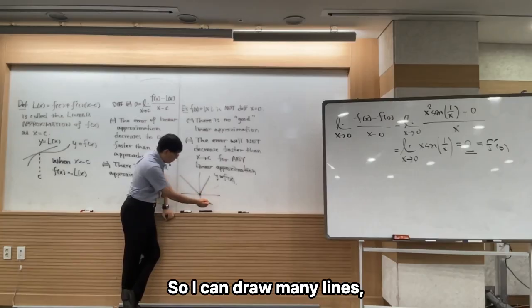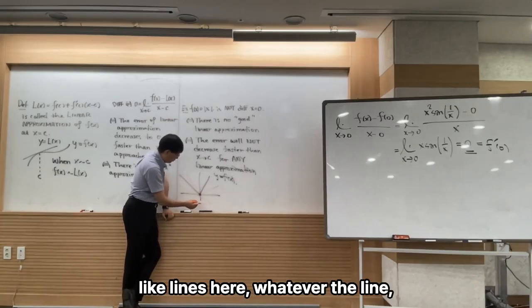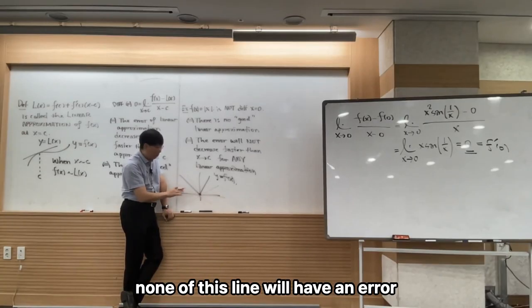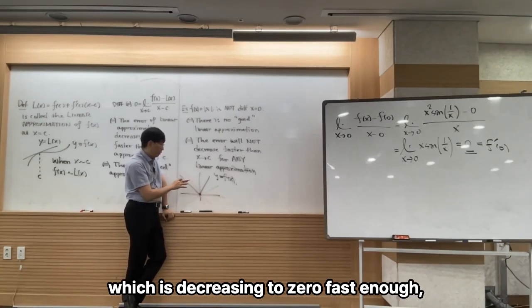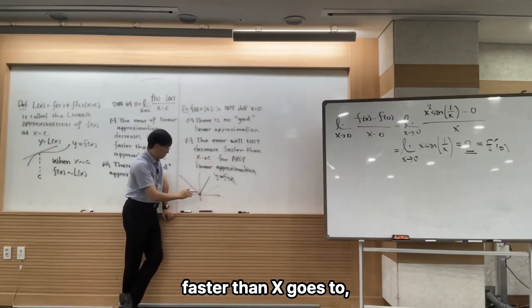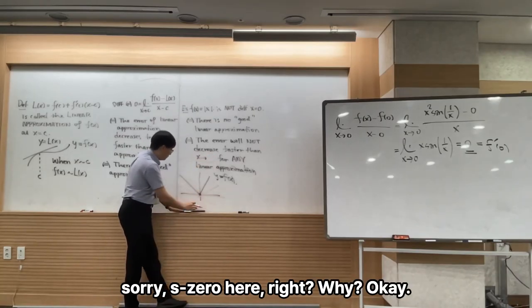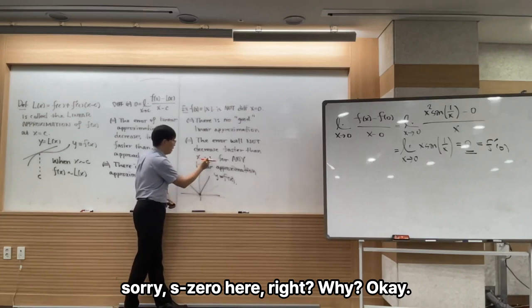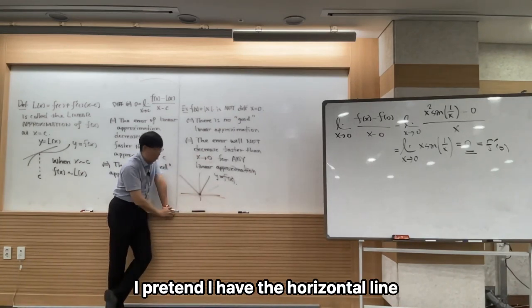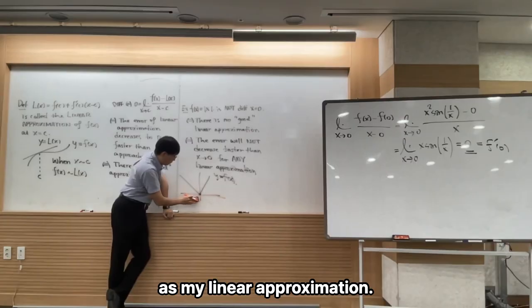I can draw many lines, like a horizontal line, but none of these lines will have an error decreasing to 0 faster than x goes to 0.